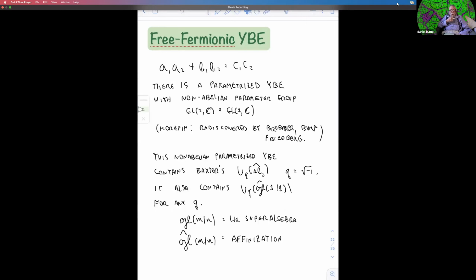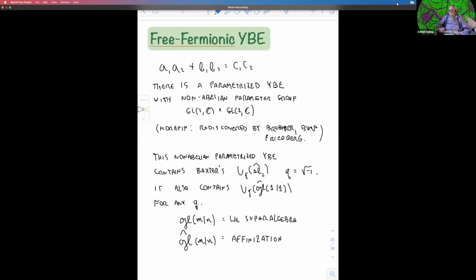And this was actually found by Korepin, and with Brubaker and Friedberg, we rediscovered this fact, and it wasn't until we'd actually already published our paper that Reshetikhin pointed out to us that Korepin had done this earlier.